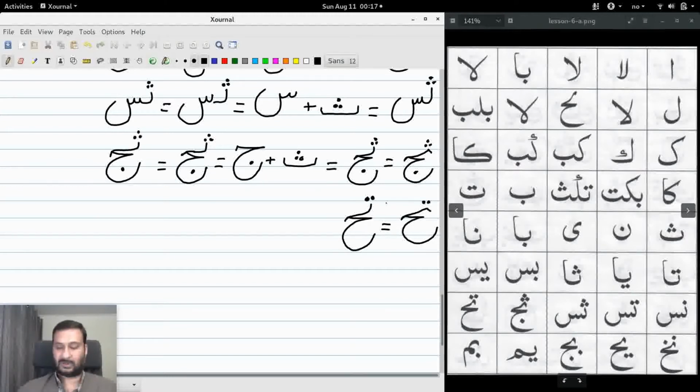So these two dots are on top of this construct, so this is definitely ta, and ha. Ta, ha. And you take this first form of ta, and then you just tilt it a little and then join a ha here, ta, ha.